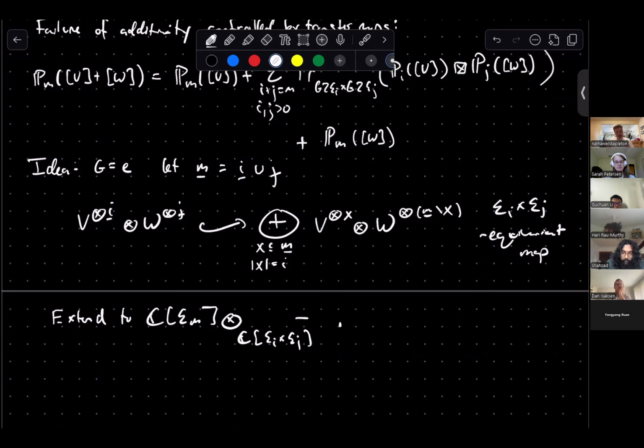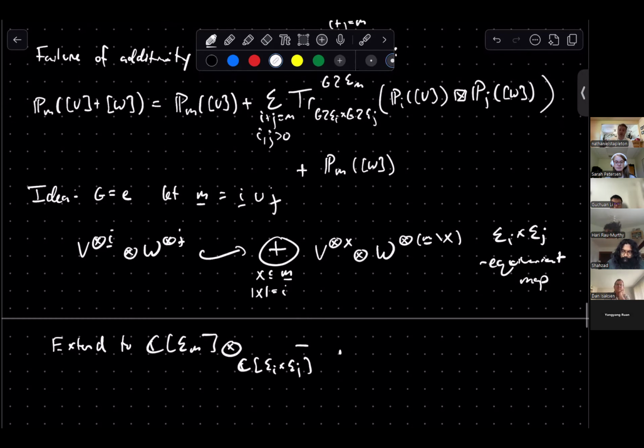I'm using the transfer restriction adjunction. And when I do this, I get something that's the correct size on the left-hand side, and I can check that it's an isomorphism. And what have I done? I've taken the ith power operation, tensor the jth power operation on the left-hand side, and I've transferred it up to sigma m. So this is the idea for why that's the formula for PM of V plus W.